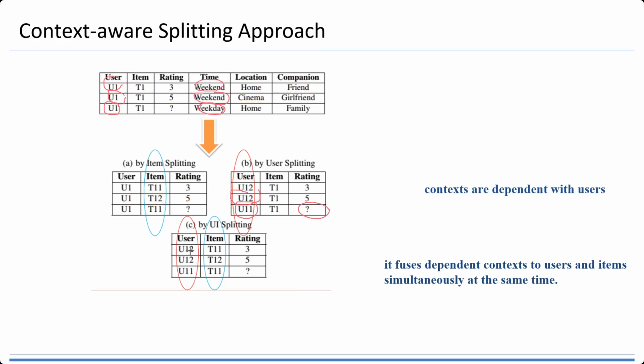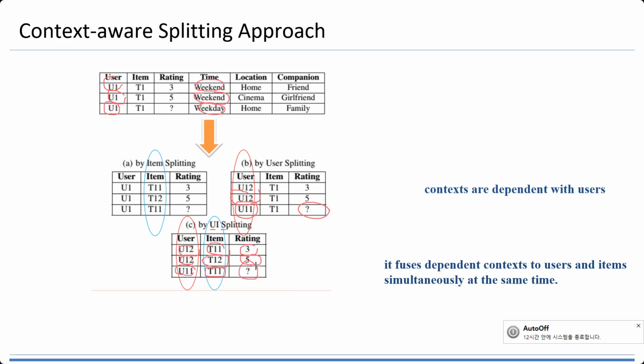And we can also do something with the user and item splitting. For example, user 12 and T11, and the rating is 3. User 12 and T12, and the rating is 5. User 12 and T11, so what is the rating?